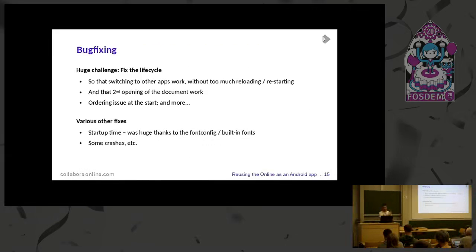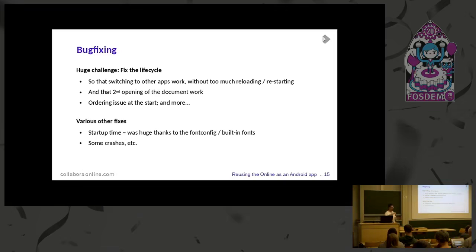And of course, lots of bug fixing. One of the things that was a huge challenge was the life cycle of the thing, because the Android life cycle goes through many steps, and it is a bit unclear how the native part is supposed to behave.